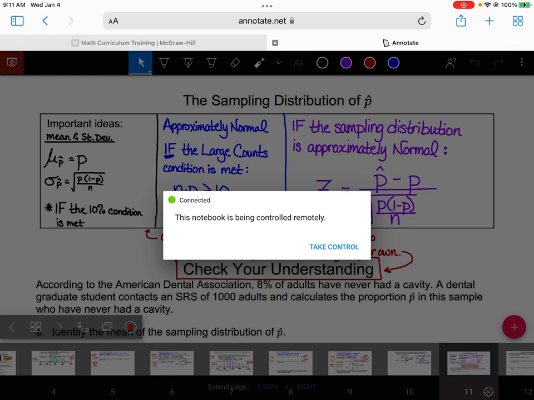And if the sampling distribution is approximately normal, so if my large counts condition is met, we calculate our z-score as p hat minus p, so the value that I'm interested in, minus the true population proportion, divided by the standard deviation.